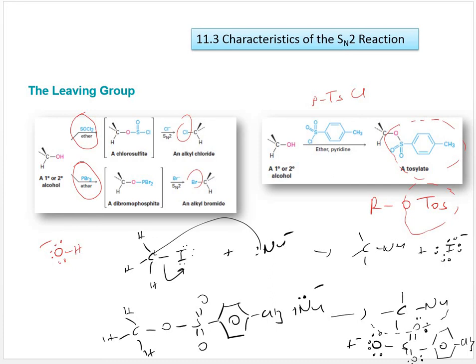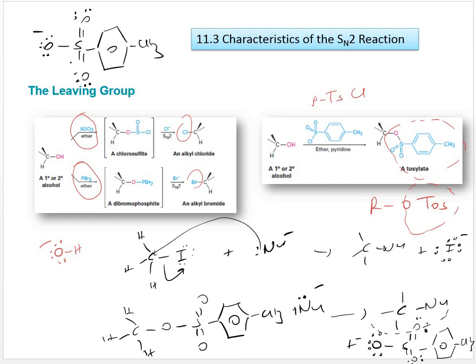This tosylate, I'm going to write it here one more time so you can see better. This is the leaving group. Let's draw the lone pairs also on these oxygens, because this is a very stable anion.